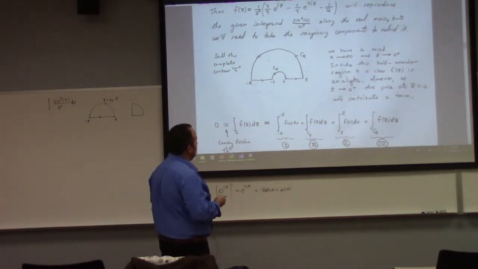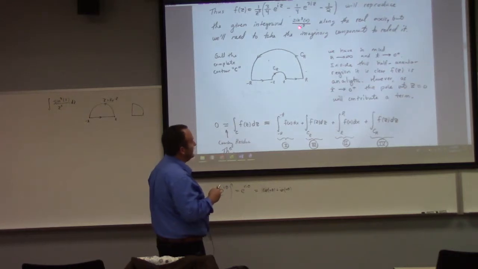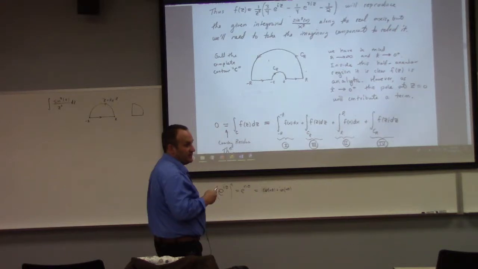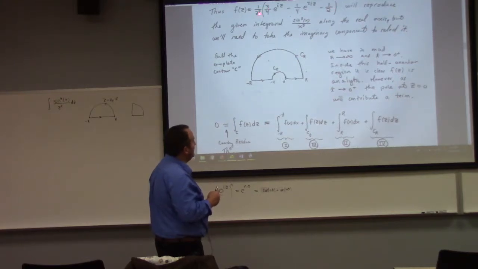So the interesting thing is that somehow sine cubed x over x cubed appears as the imaginary part of this function. And that function is not one having a removable pole at 0. It has, in fact, a pole of order 3 at 0, I believe.